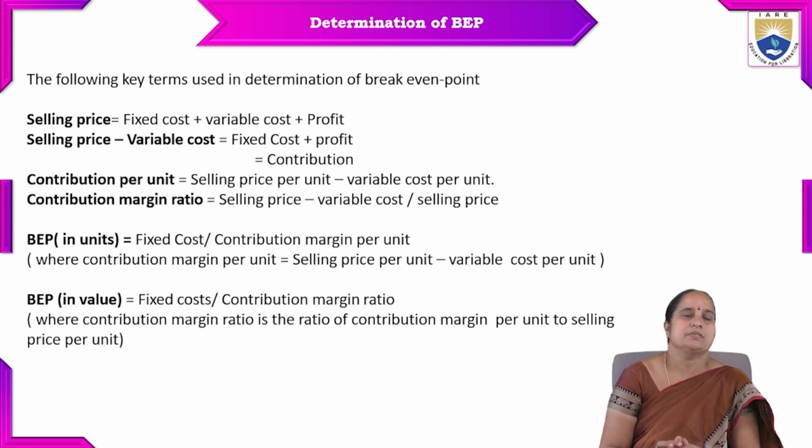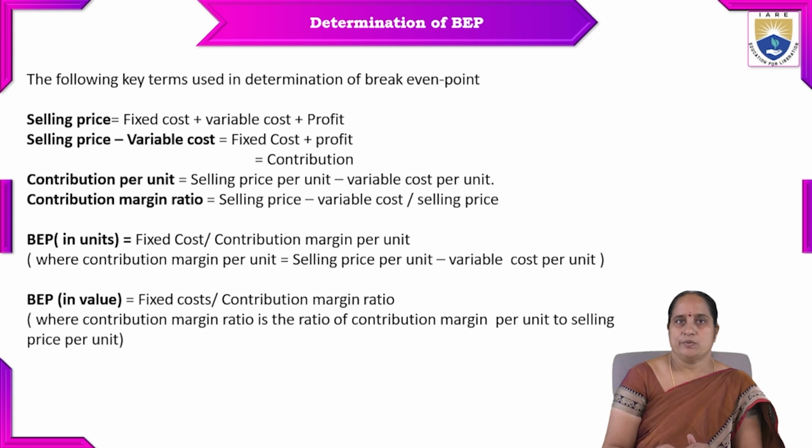BEP in units is equal to fixed cost divided by contribution margin per unit, where contribution margin per unit is the difference between selling price per unit and variable cost per unit. If you are going to calculate BEP in terms of value, it can be derived by the formula: fixed cost divided by contribution margin ratio, where the contribution margin ratio is the ratio of contribution margin per unit to selling price per unit.